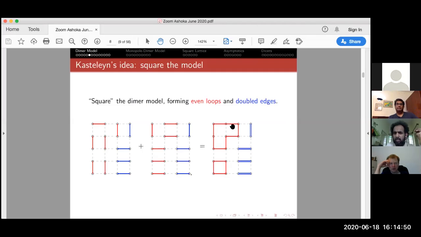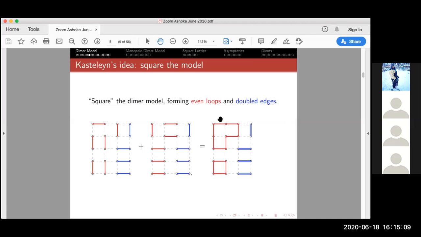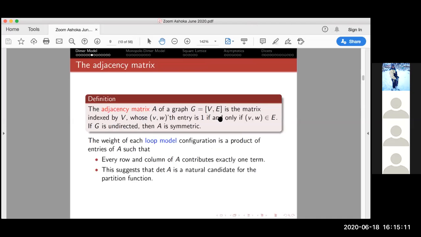Here I'm lying a little bit. What you actually need to do is to give an orientation to the loop, so that the loop going clockwise and the loop going counterclockwise both contribute. If that is the case, then one can see that the adjacency matrix of the graph is going to help.